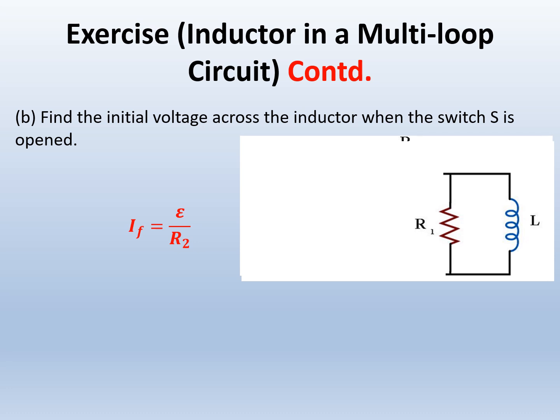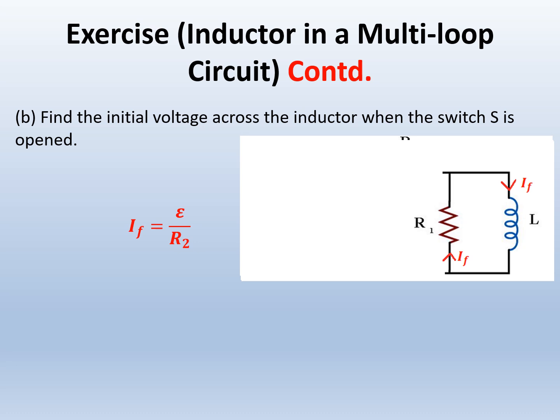In this circuit the current is going to be the same as the final current in the previous part, because the inductor tries to produce the same situation, and therefore the initial current produced by the inductor is the same as the final current the circuit was running at the end. So I final, equal to the battery potential difference divided by R2, is now running through the resistor R1 and the inductor.